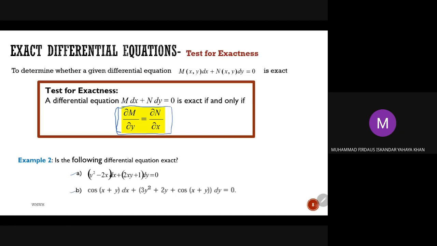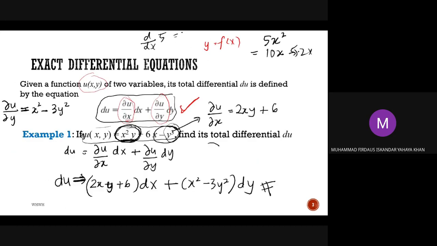Test for exactness here. Example 2 is different from example 1. In example 1, what was given to you is a function, not a differential equation.